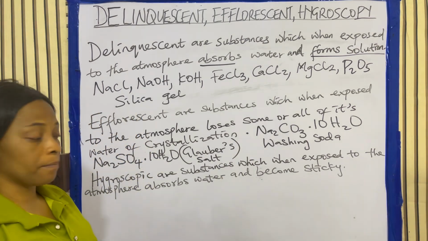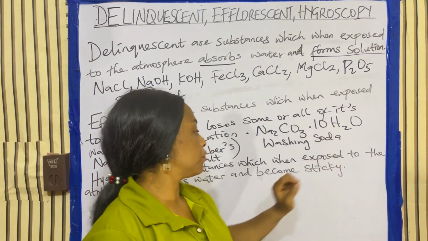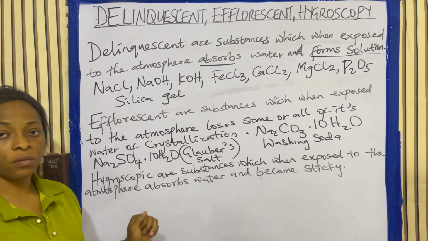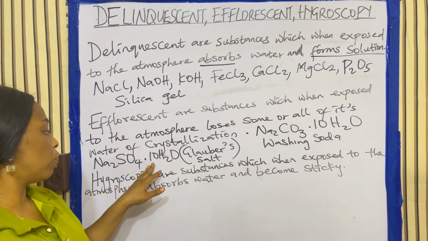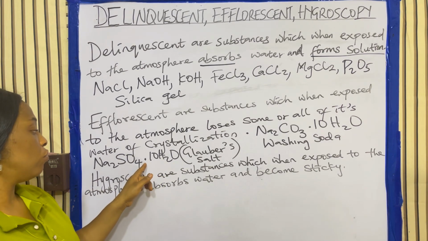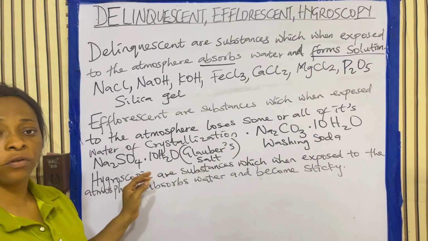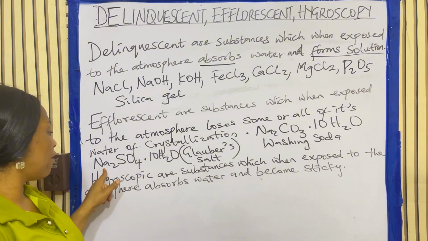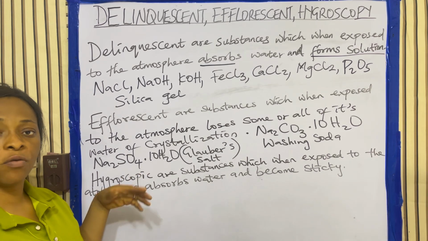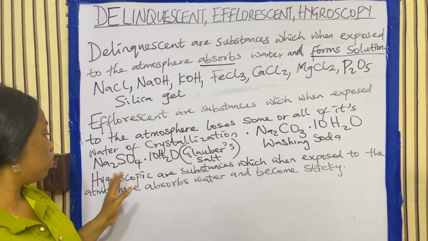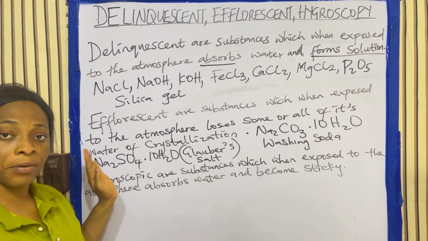As you can see, they have water of crystallization. So when you expose them to the atmosphere, what is going to happen is that they will lose some or all of their water of crystallization. Then you have sodium trioxocarbonate(IV), maybe with one molecule of water left, or just the crystals remaining.